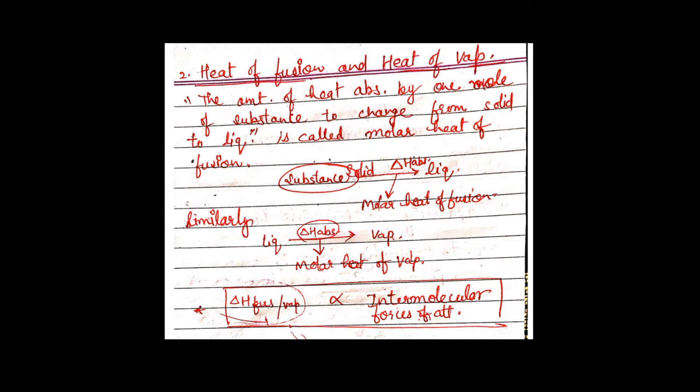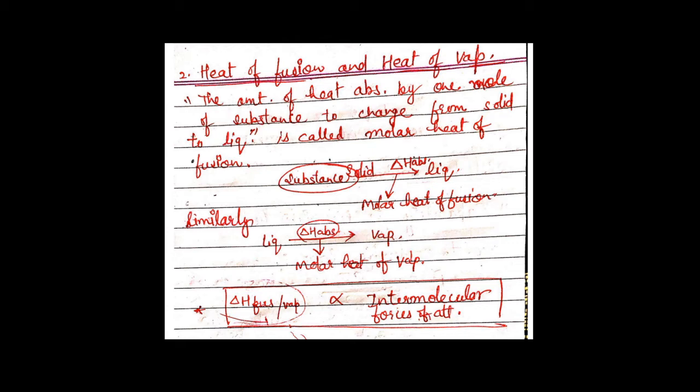Similarly, the heat absorbed by 1 mole of the substance to change from liquid to vapor state is called its molar heat of vaporization. The magnitudes of molar heat of fusion and molar heat of vaporization give us some insight into the nature and strength of intermolecular forces, and these also determine the solvent properties.